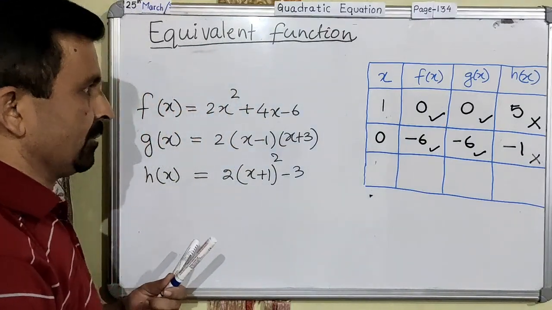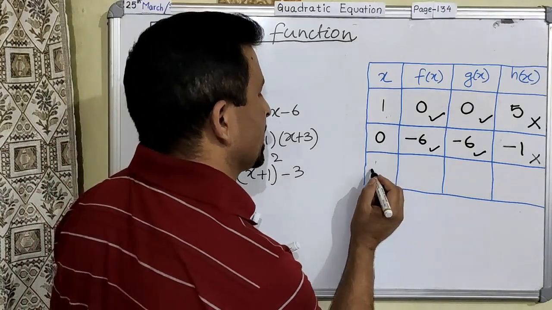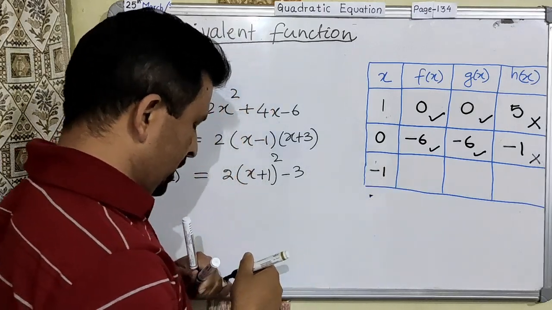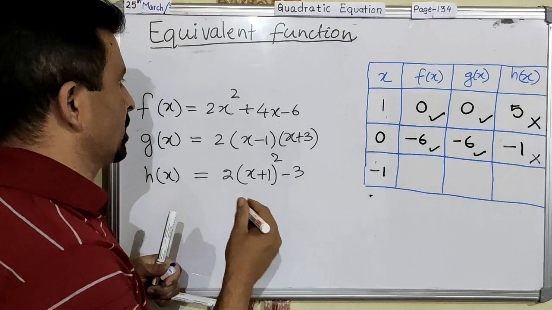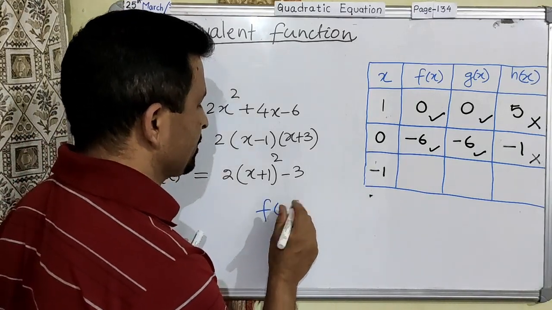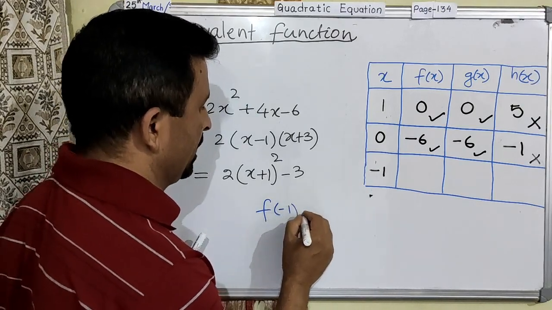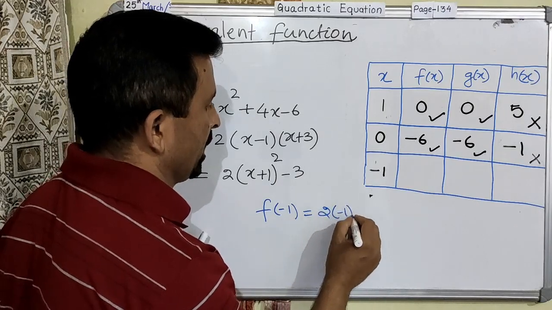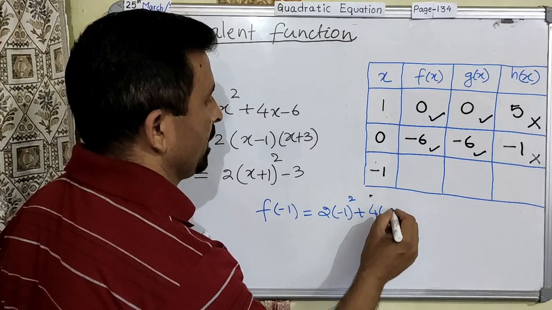Now let us take one more value of x. Maybe this time we will take it as equal to minus 1. Okay. So when you take x equal to minus 1, let us find out the 3 outputs. So first of all, in the standard form, f(minus 1) is equal to 2 into (minus 1) square plus 4 into (minus 1) minus 6.